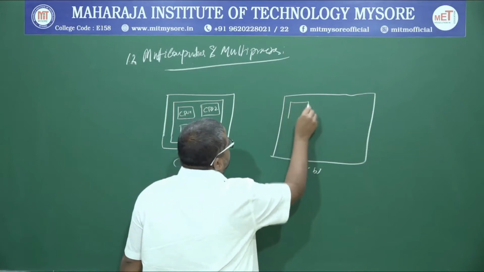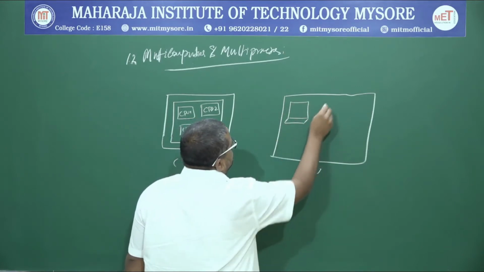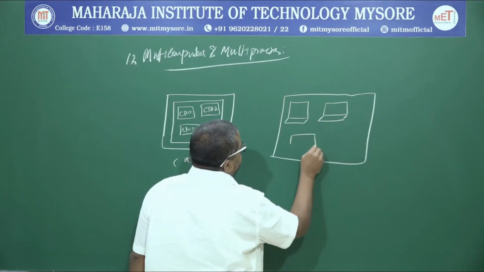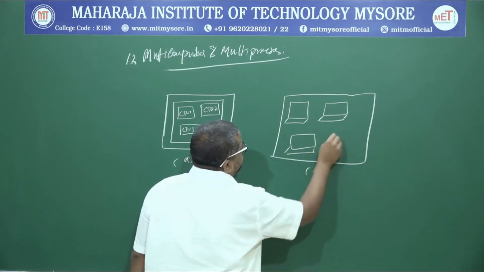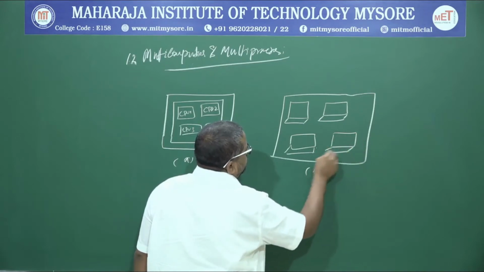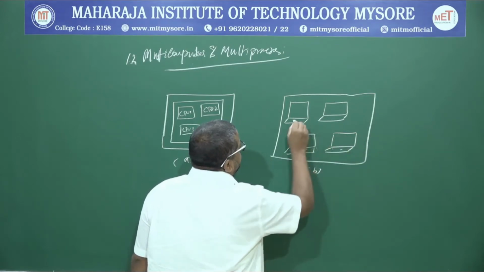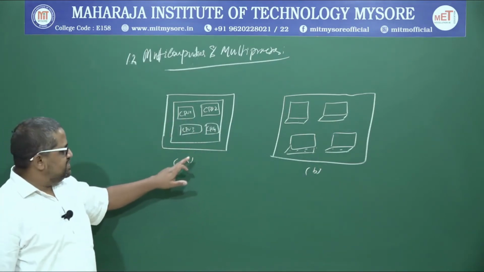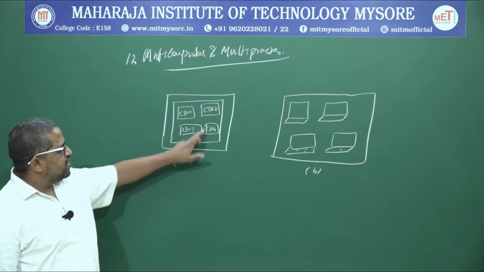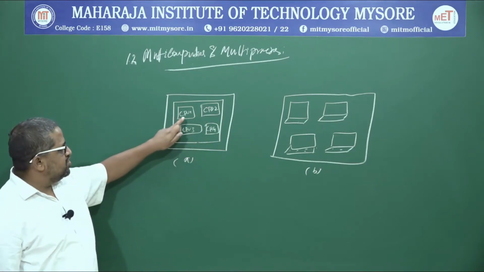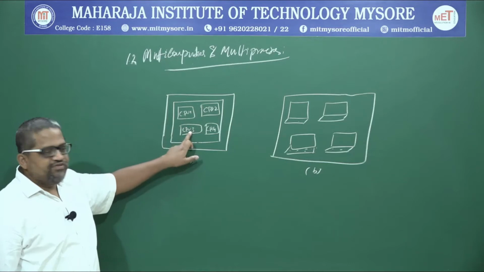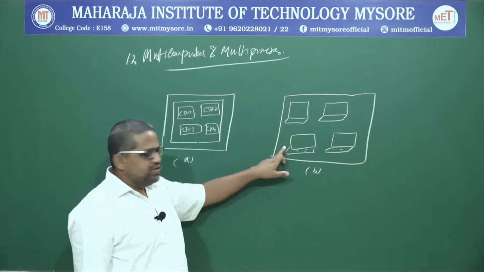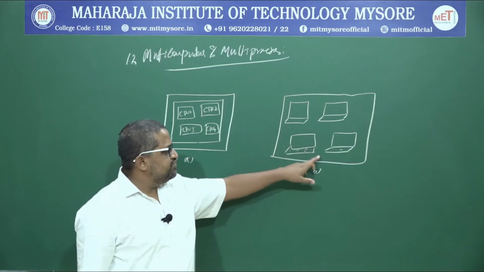In one more block I am drawing... Now if you look into block A, it is a single computer, but you have got multiple processors. In this scenario you have got processor 1, 2, 3 and 4, but in this second block you have got multiple computers, computer 1, 2, 3, 4.